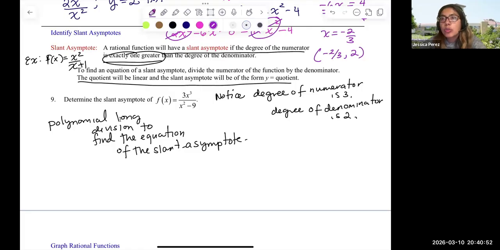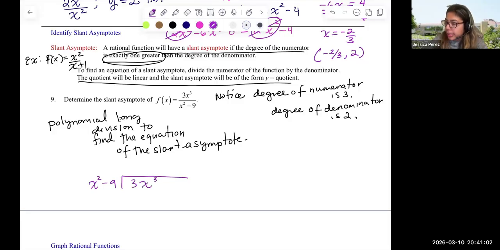In section 2.4, we did polynomial long division. So we begin by having x squared minus 9 over 3x cubed. How many times does x squared go into 3x cubed? It's 3x times. So 3x times x squared minus 9 is 3x cubed minus 27x.